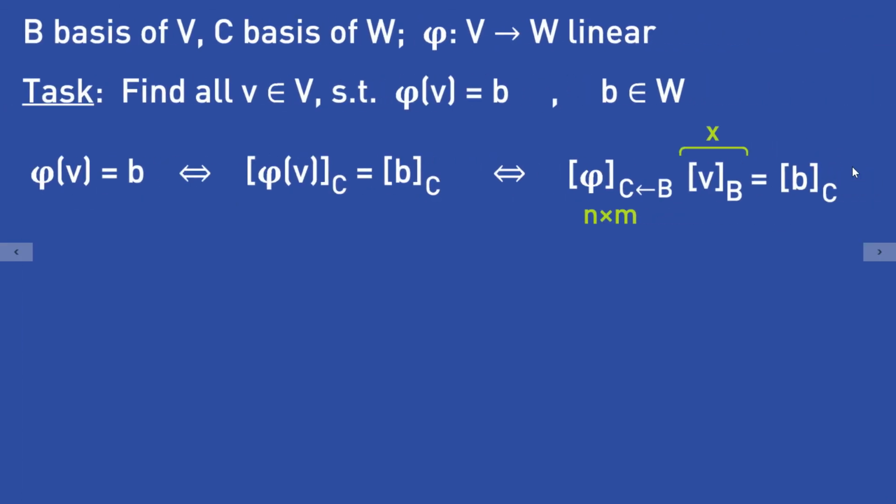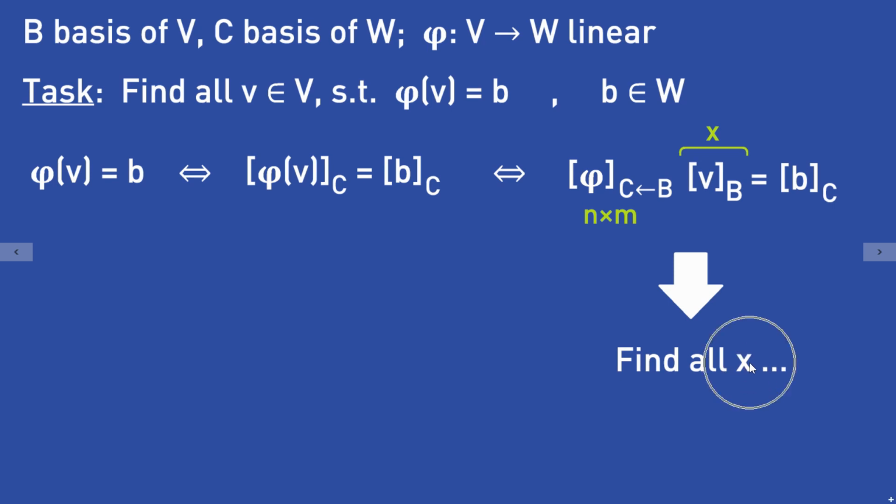Now that here is an n times m matrix, and this coordinate vector here we will call x. The next step is to solve this here. So you want to find all x so that this here holds true. You can use, for example, the Gaussian elimination approach to find these x here, because this here is an n times m matrix.